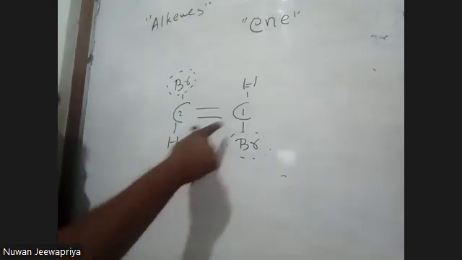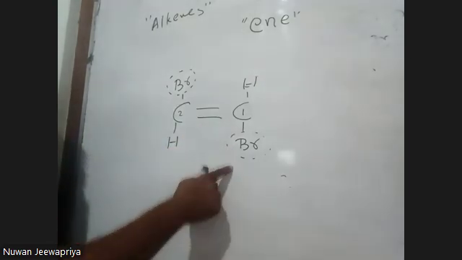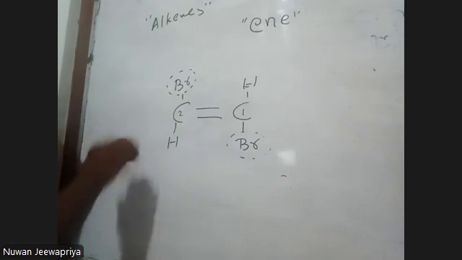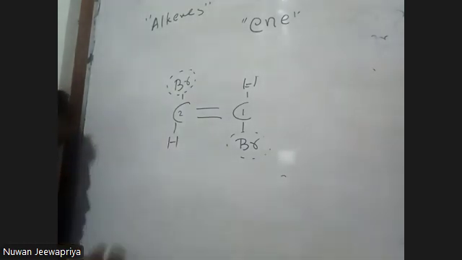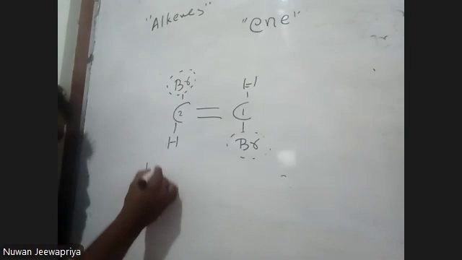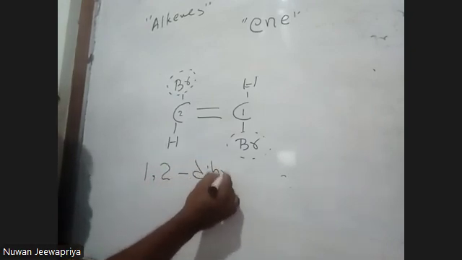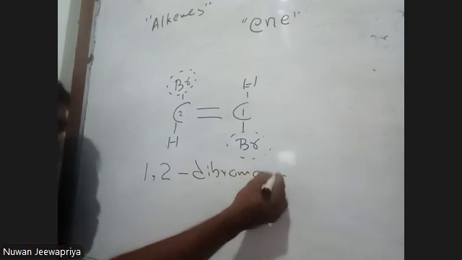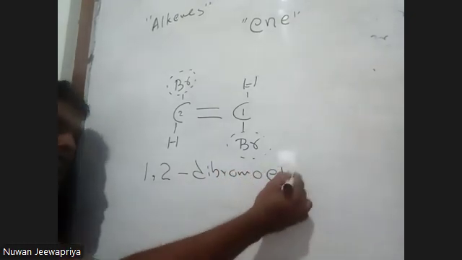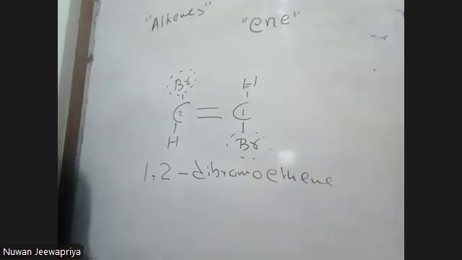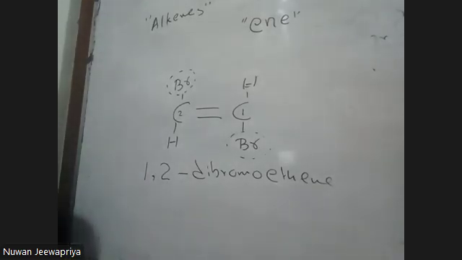This time, the first carbon has bromine, the second carbon has bromine, so 2 times bromine. So I will say 1, comma 2 dash dibromo. Dibromo, 2 carbon is eth in ethene. 1, comma 2 dash dibromo ethene.